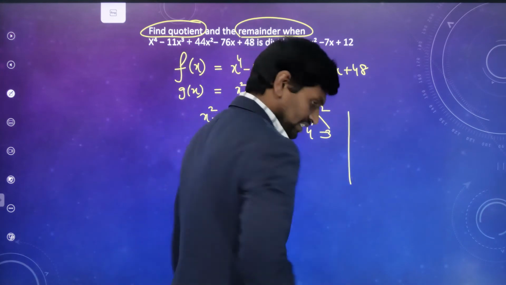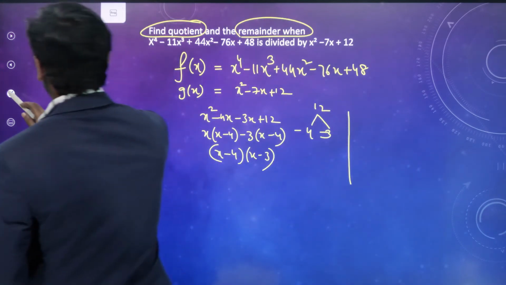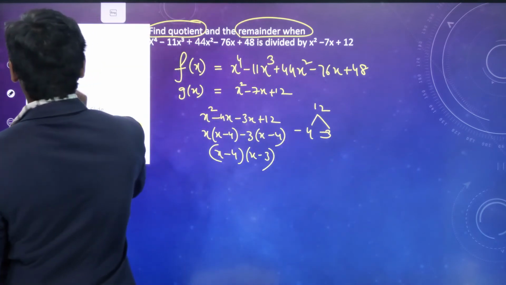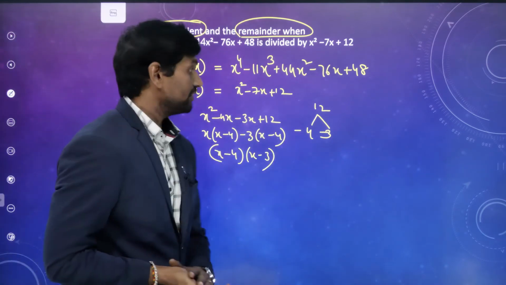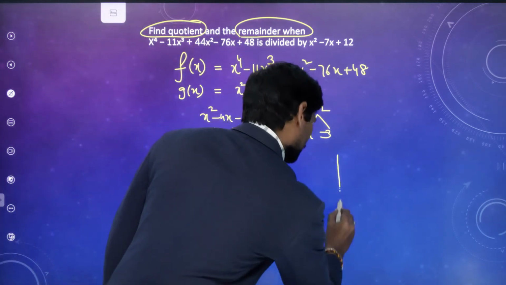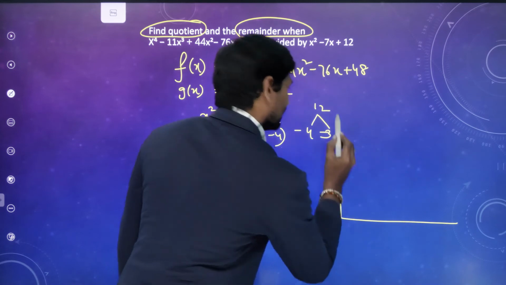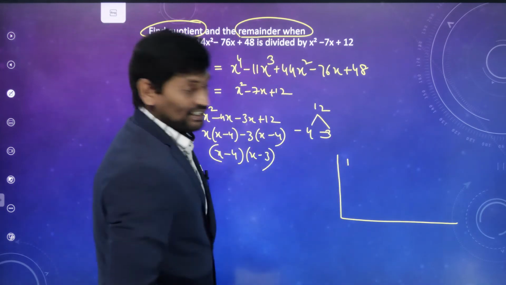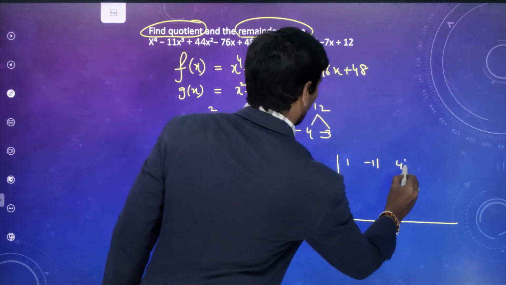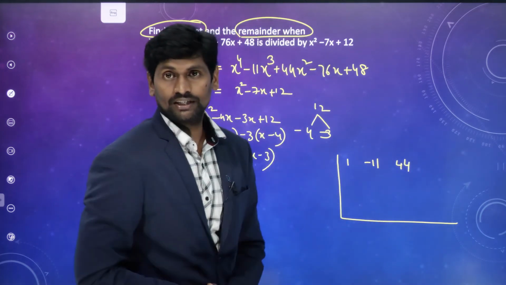All the coefficients of the biquadratic polynomial are 1, minus 11 for the x cube coefficient, 44, minus 76 and 48.